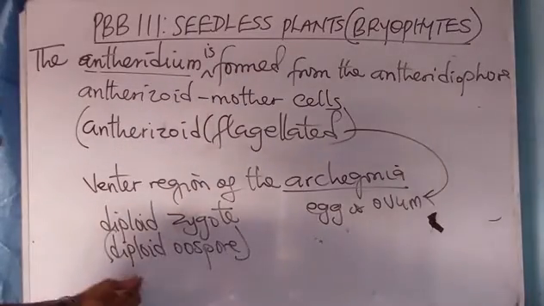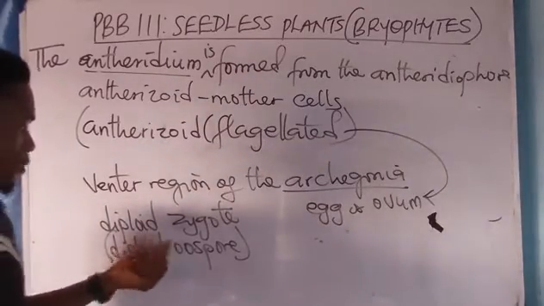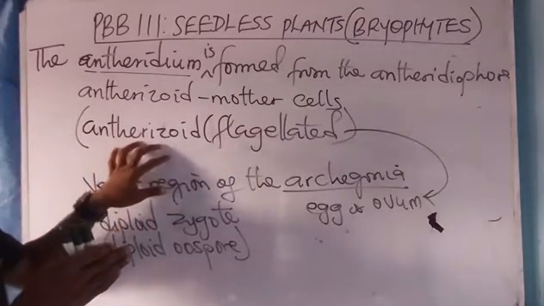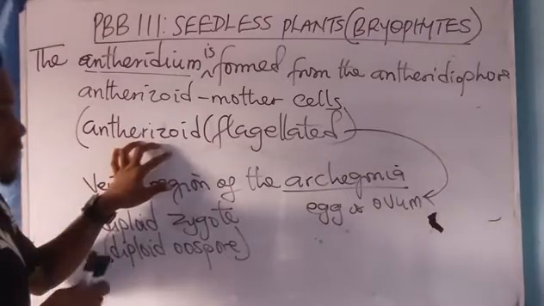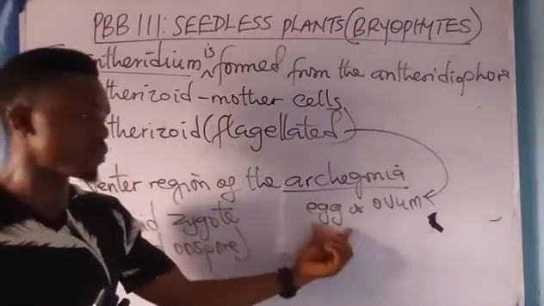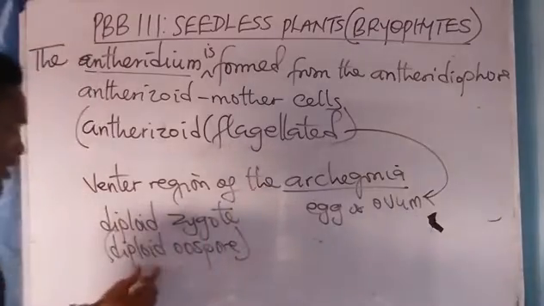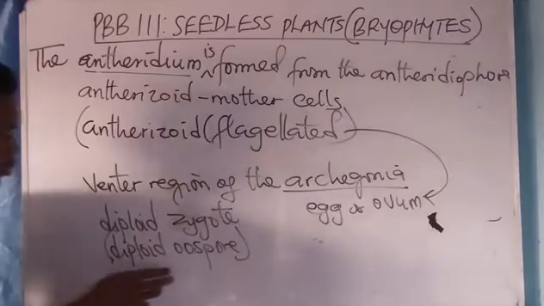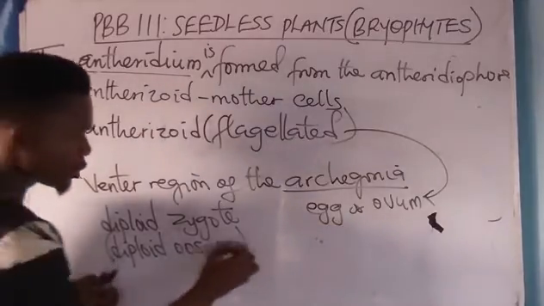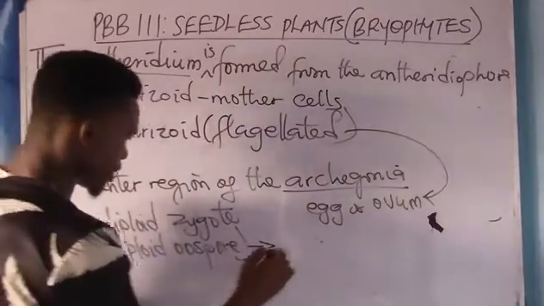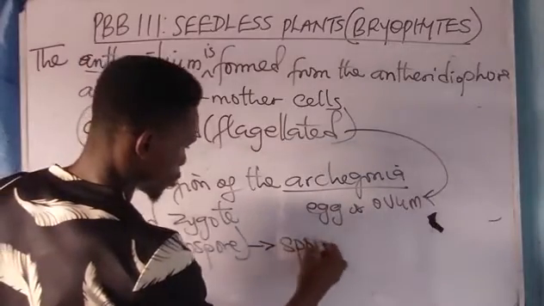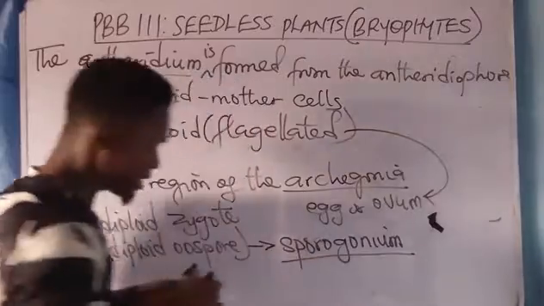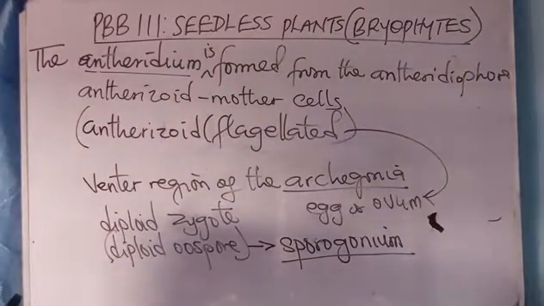Now, I said this diploid oospore or this diploid zygote is produced by the fertilization of the egg by the antherizoid through the lashing movement of its tail. Please take note of that. Now, this diploid oospore produced develops into what is called sporogonium. You can see it is a stage by stage process.